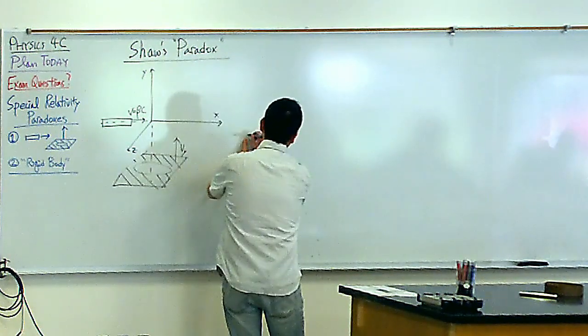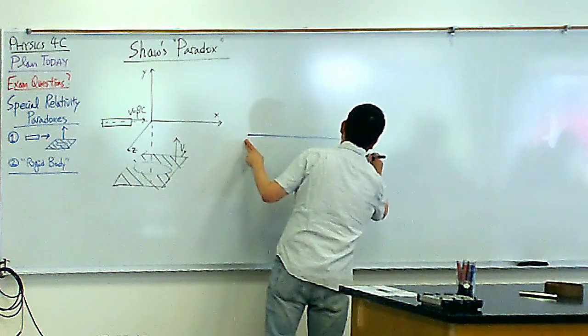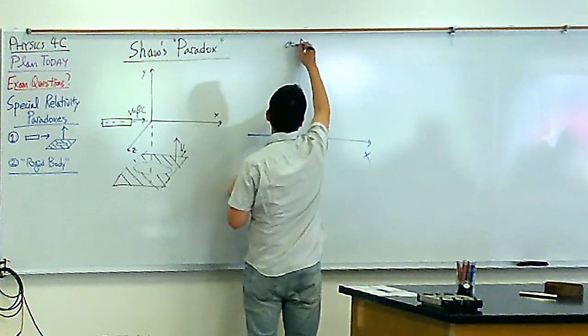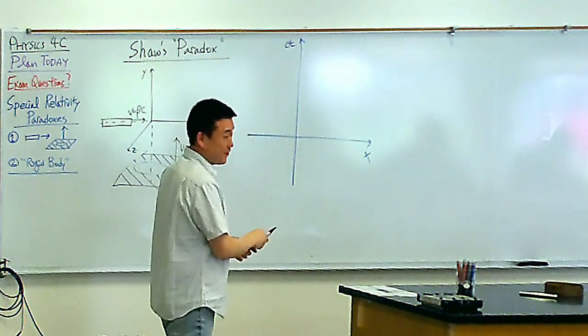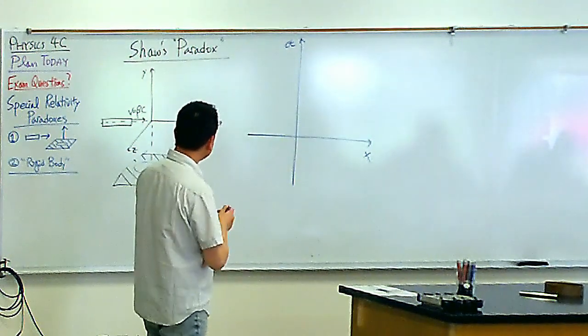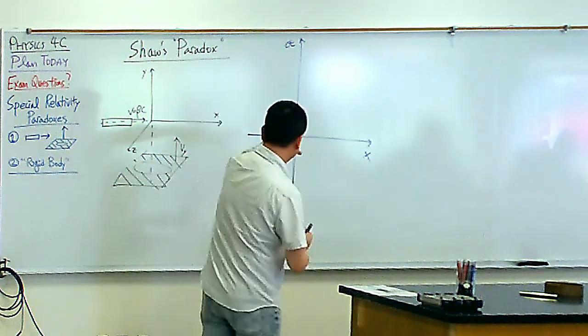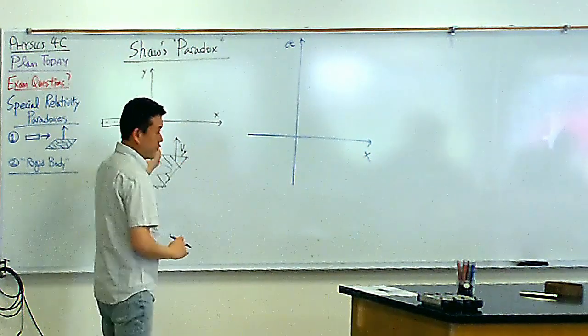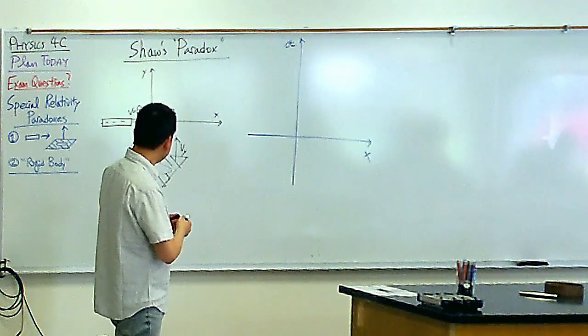We only have two-dimensional space here. So for this axis, I'm taking the perspective of the observer who's sitting at the origin and rests at the origin.